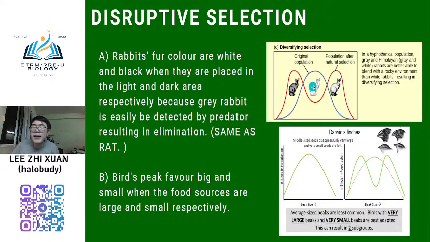So the predator can easily see it and eat it. The safety of this rabbit is very low. It is very easily captured by the predator. So to survive in that kind of environment, this rabbit has to choose a skin color suitable for that dark environment, so it will choose the dark, black skin color.